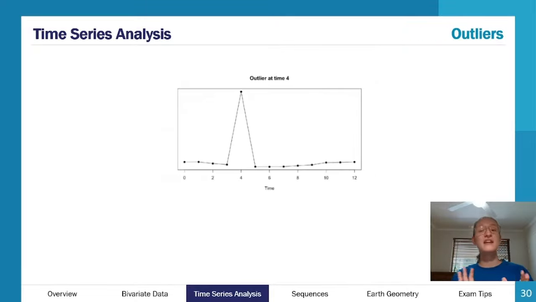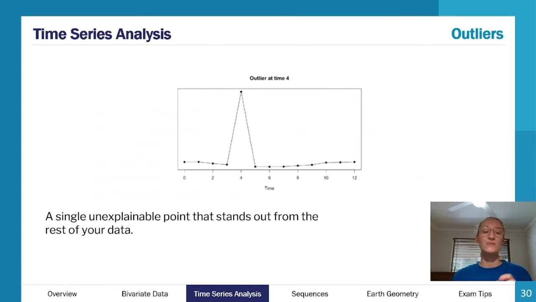The interesting different thing is outliers. So what's the difference between outliers and structural change? Outliers are a single unexplainable point that stands out from the rest of the data. Whereas you might have noticed that when we had our structural change, there was that big change and then it continued with a new pattern.